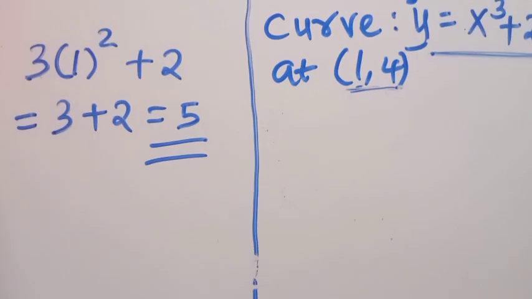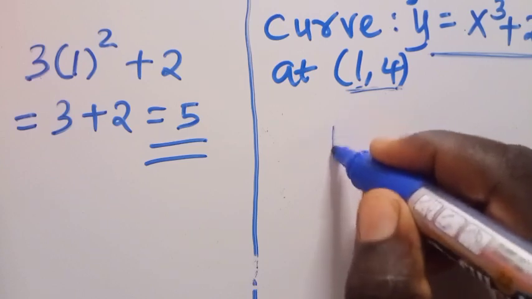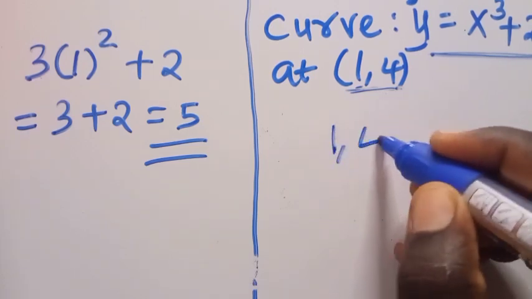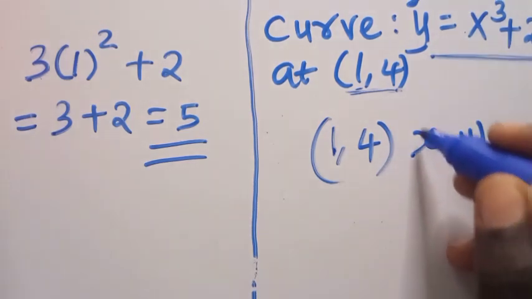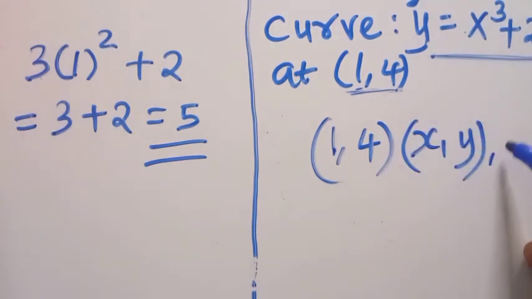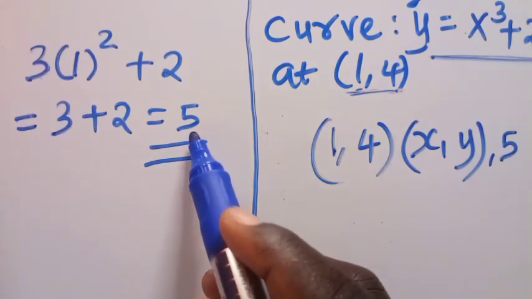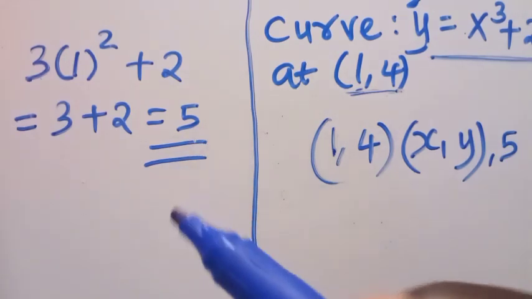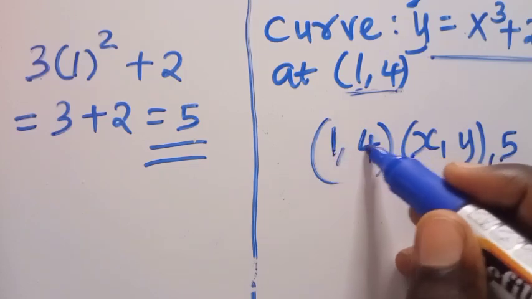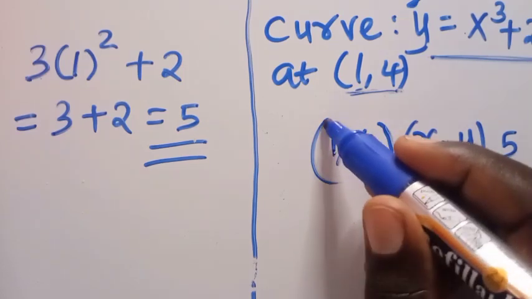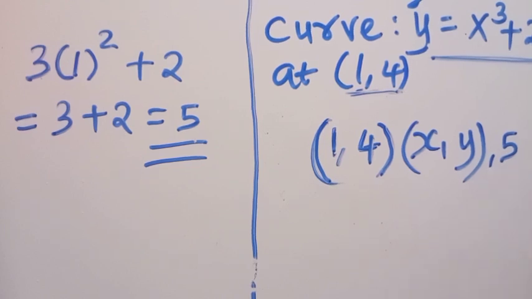So we have (1, 4), the general point (x, y), and the gradient 5.